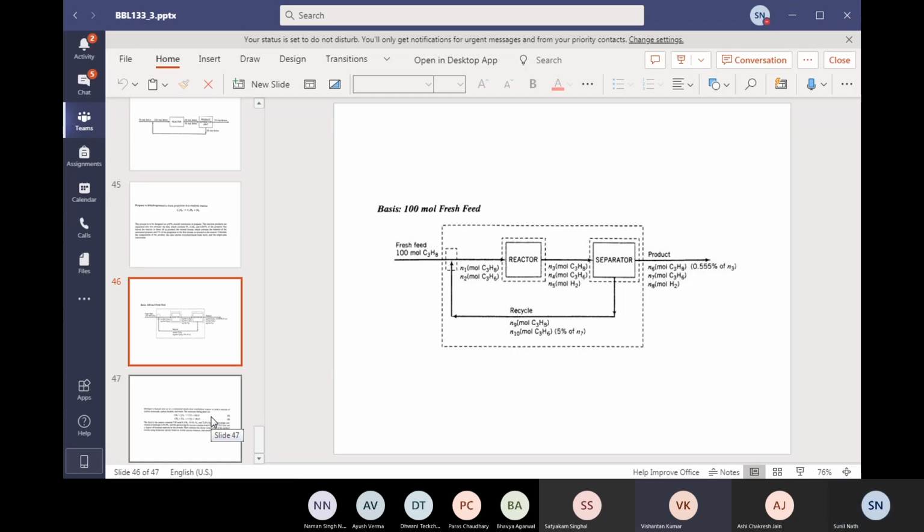N1 minus N3 will be N4 minus N2, because the net conversion in the reactor should be the same. So at least put that value of recycle stream N9, 895, in.